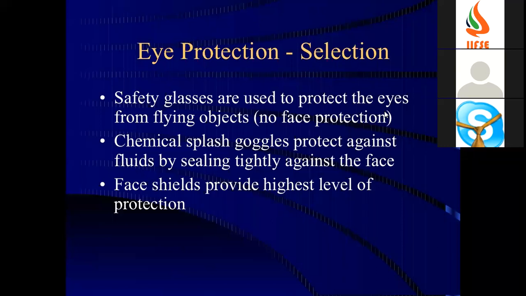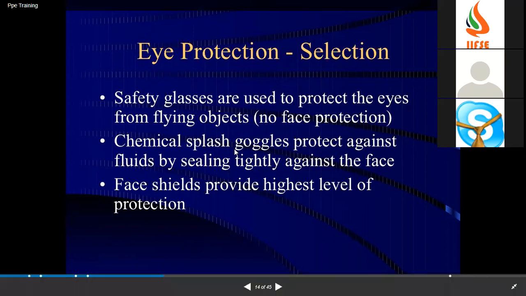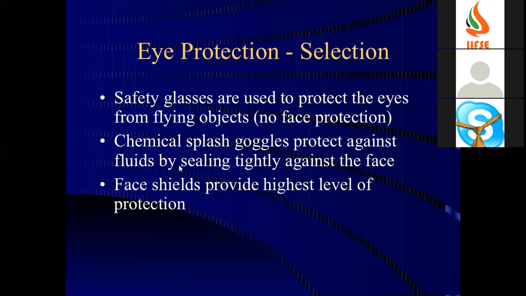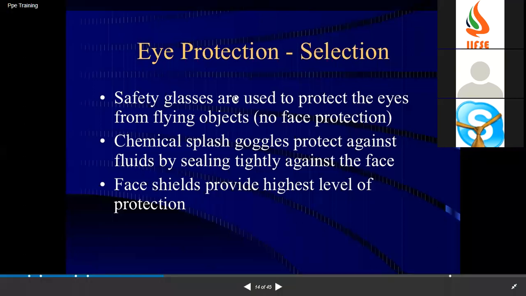For chemical splash, you have to protect against fluids. A face shield provides a high level of protection. Even after using safety glasses, if you feel the intensity of ejections is high, we have to use the face shield.